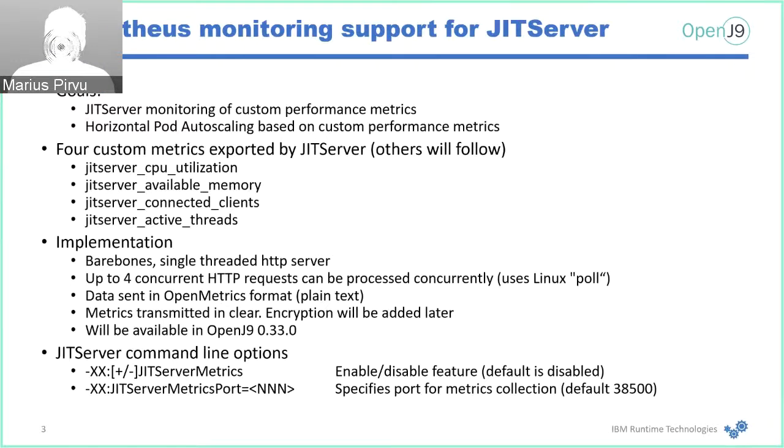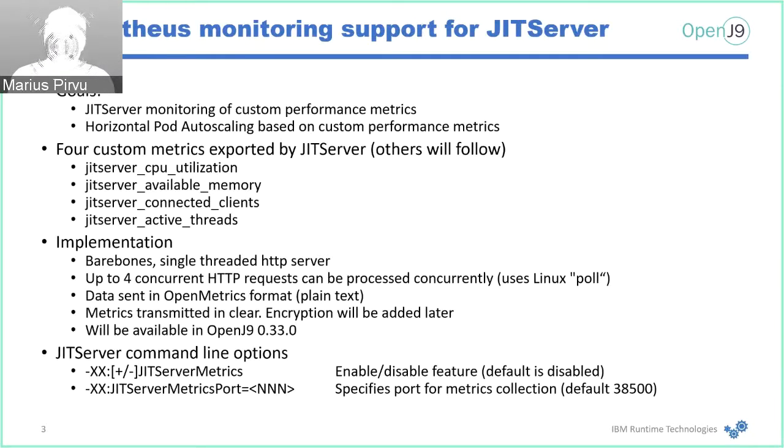The goal of this work is twofold. First, we want to use Prometheus to monitor JITServer performance metrics. Secondly, we want to be able to auto-scale the number of JITServer instances based on custom JITServer metrics.